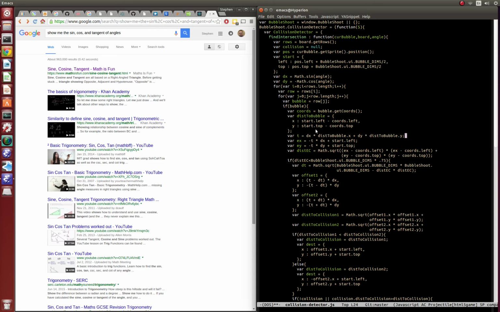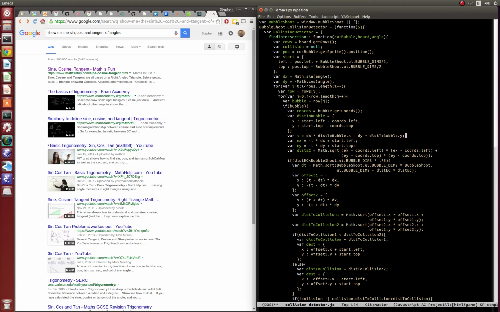Okay, I think I get this. This is saying run it backwards because we're starting from the left and the top. So rather than doing positive t, do negative t. Basically, it's a subtractive method rather than an additive method of arriving at the same point.